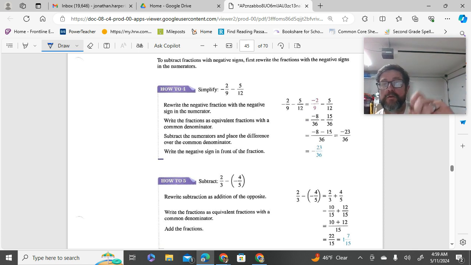So what it's telling you to do is put the negative up here, but we're not going to do that yet because we have to find the common denominator that 9 and 12 go into. 9 and 12 both go into 36. So our common denominator will be 36. And then, what did we have to multiply 12 by to get it to go to 36? We had to multiply it by 3.